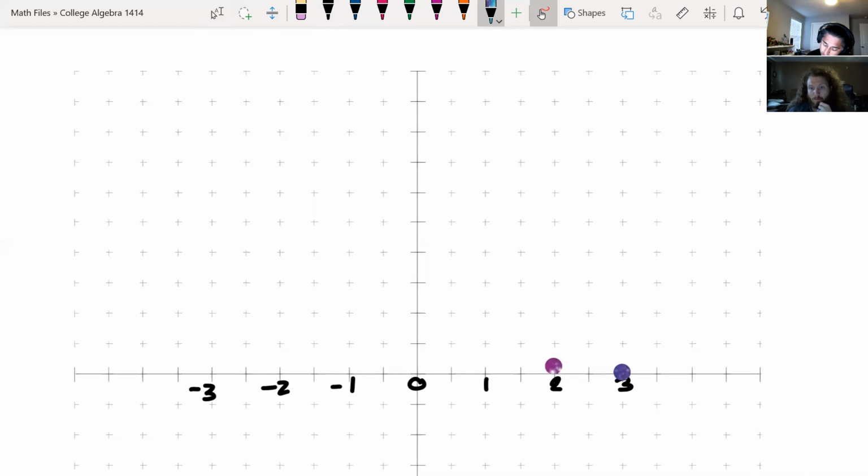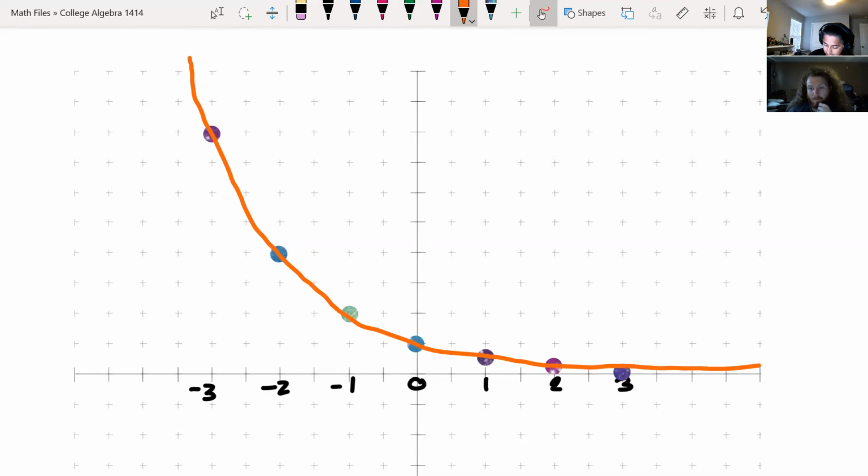And then not much higher on the next one, in the middle on 1, 0, 1, -1, 2, -2, 4, -3, 8. And here is our exponential function for 1/2 to the x.